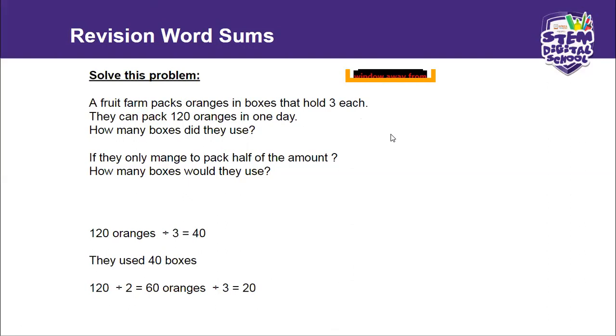just what is half of 120? Half of 120, you are right, it's 60, okay? So let's say they pack 60 oranges per day. How many boxes will they use to pack these oranges?